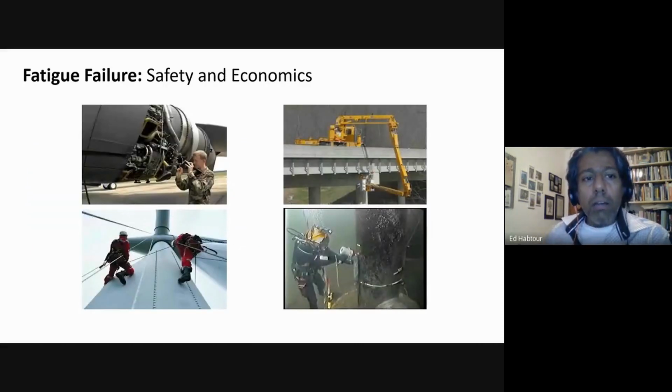With that, we have to inspect this high value infrastructure on a regular basis because we want to prevent fatigue. Again, it's very expensive to investigate and to inspect for fatigue. That's why we really need to understand it and understand how to design to mitigate fatigue and prevent fatigue or slow it down.